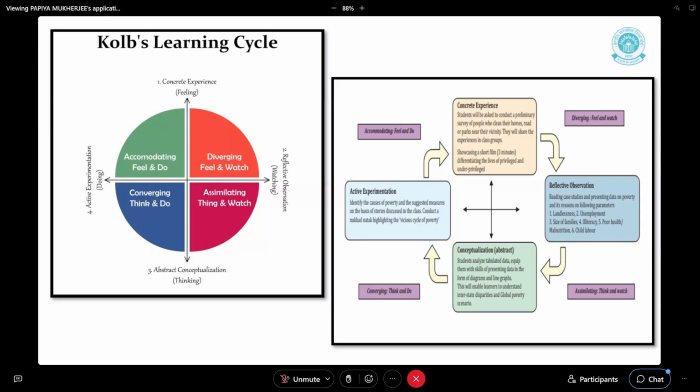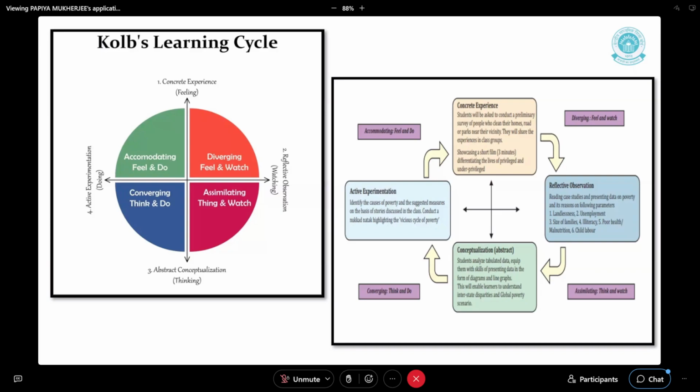Even if you are doing class 9, I have taken up my subject. Suppose you are teaching economics, poverty. The students can be introduced to concrete experience. They may be asked to conduct a survey. A preliminary survey can be conducted for people who clean homes in the slum areas, and that experience will be shared by the students in the class group. That would lead to reflective observation. And when we are doing reflective observation, we will talk about presenting data.